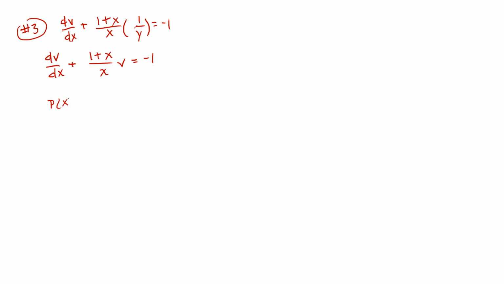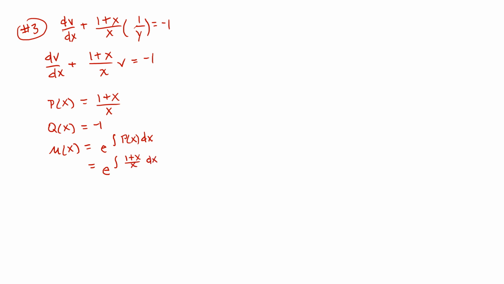Okay, so I'm going to find my integrating factor. So p of x equals 1 plus x over x. Q of x equals -1. So mu of x equals e to the power integral of p of x dx. So that means e to the power integral of 1 plus x over x dx.